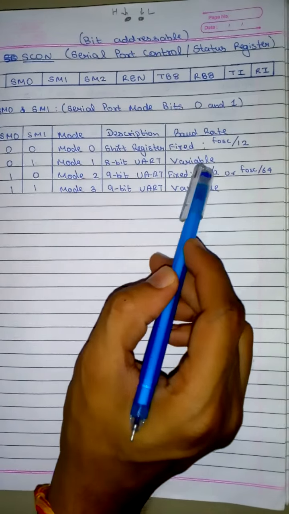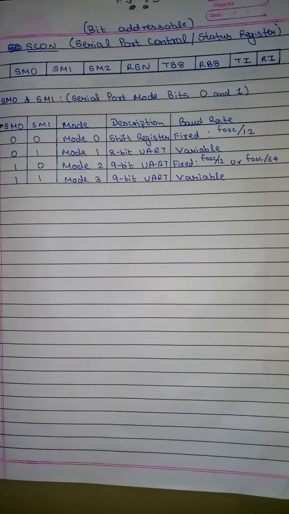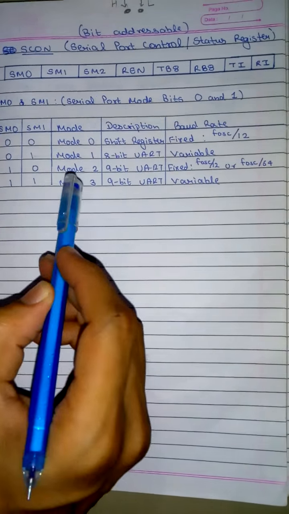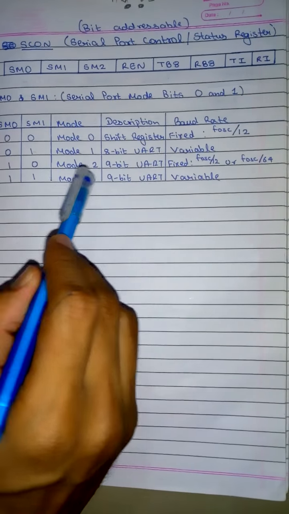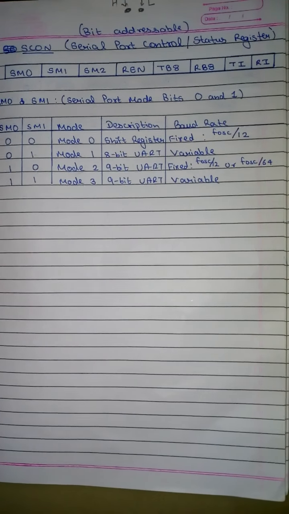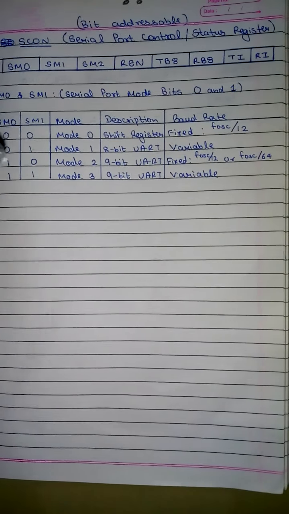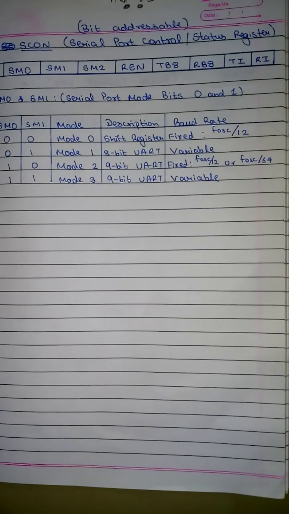Okay, the baud rate in mode 1 is variable. Now listen carefully. We are talking about mode 1 of SCON. Then how is this variable baud rate selected? If you remember, TMOD also had modes.